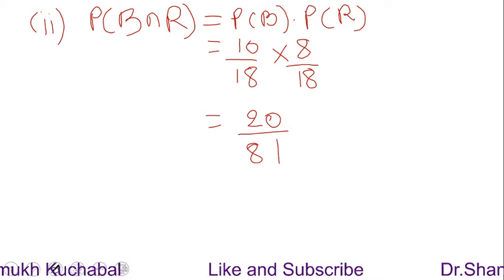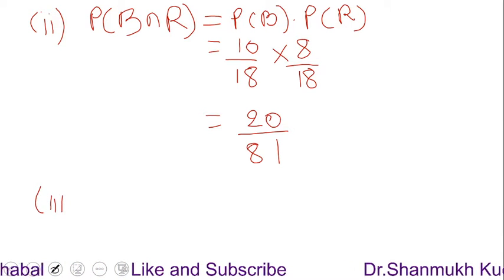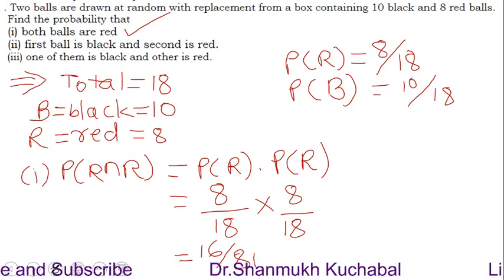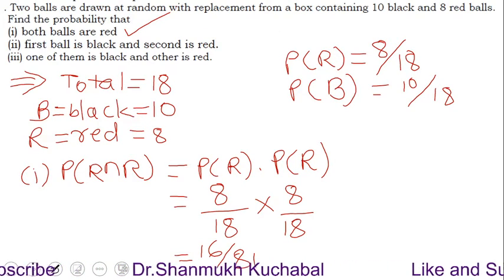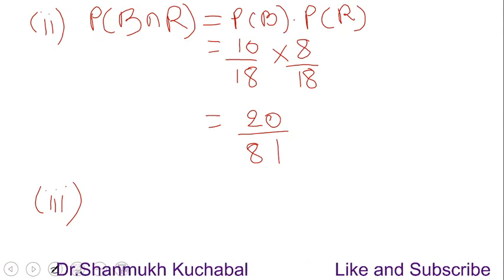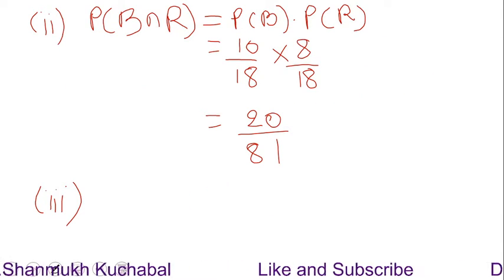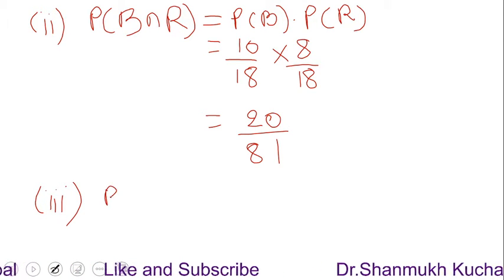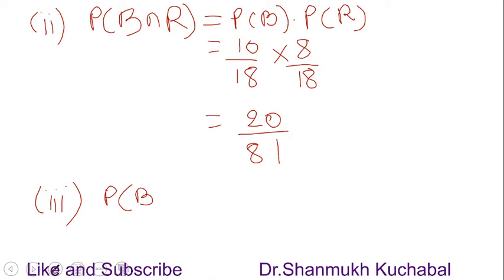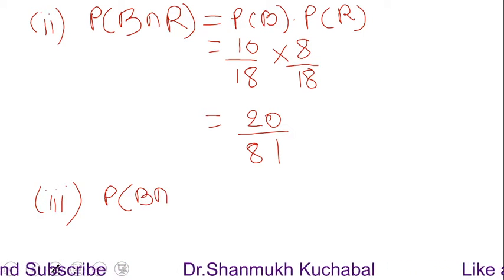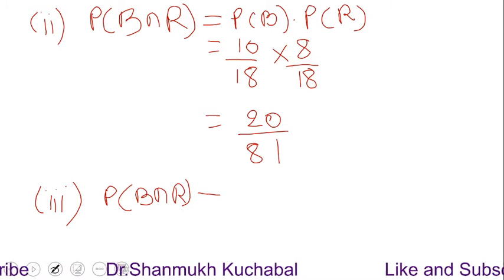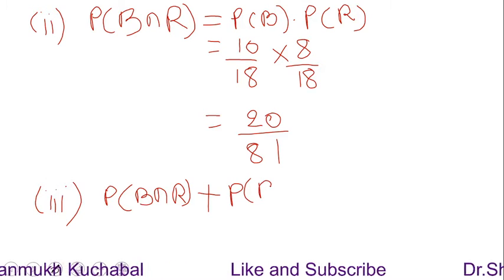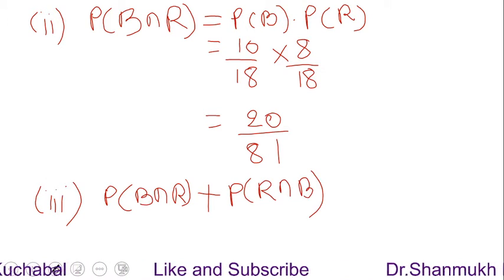Now we'll go for the third sub question. The question is: one of them is black and the other is red. This can be written as the probability of B intersection R, or else, where or means plus, first a red and then black.